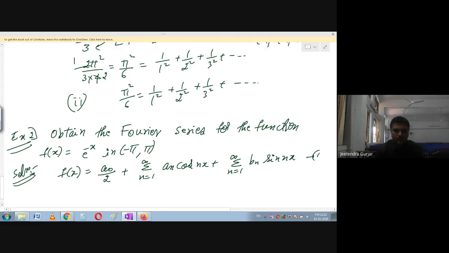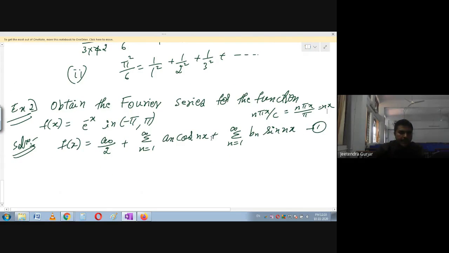We'll keep this as equation 1. Again you can see c is nothing but π. Therefore you can see here nπx/c will be nπx/π. So I have taken this as nx. Directly I have written cos nx, sin nx.